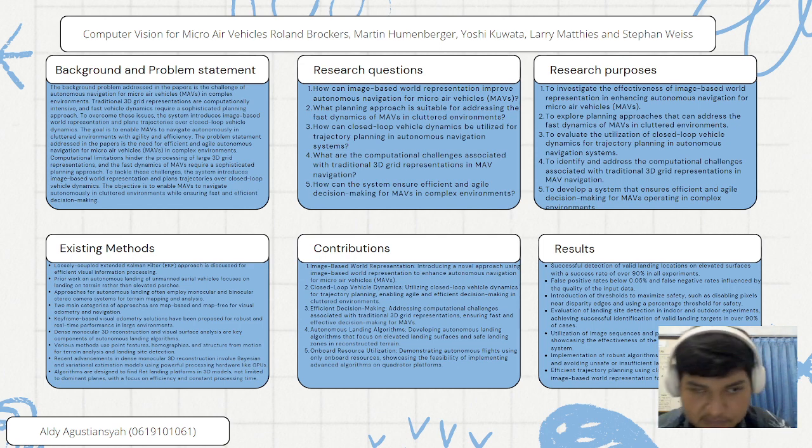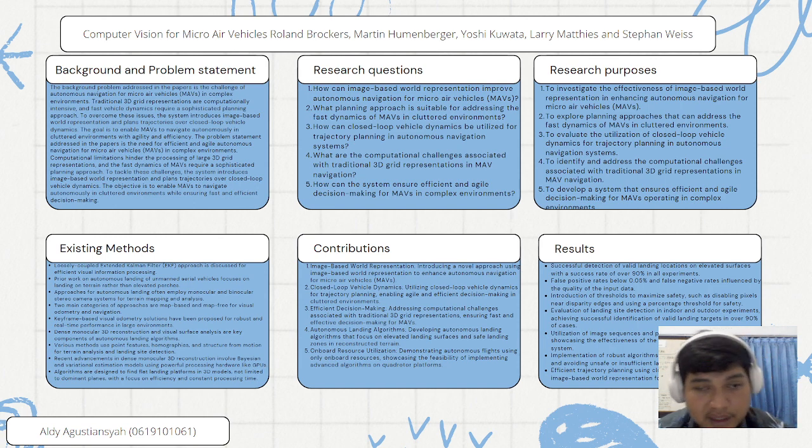Existing methods. So there are a lot of existing methods on this one. Loosely coupled extended Kalman filter (EKF). Prior work on autonomous landing of unmanned aerial vehicles focuses on landing on terrain, rather than elevated perches.